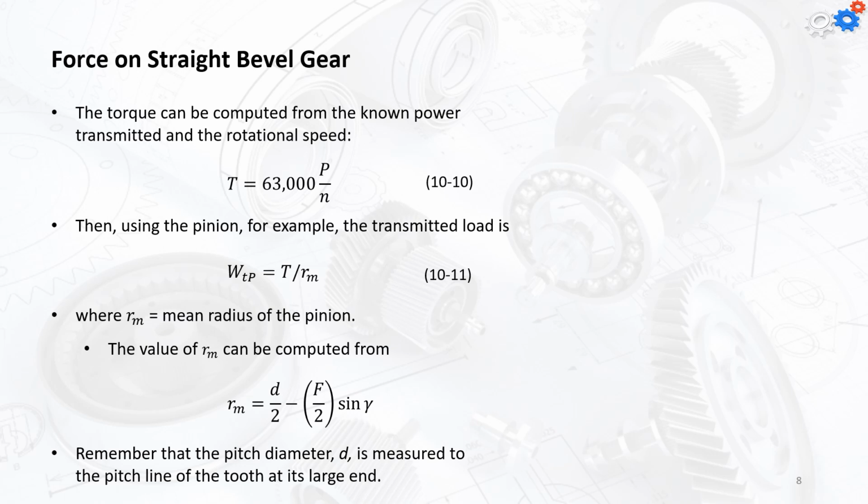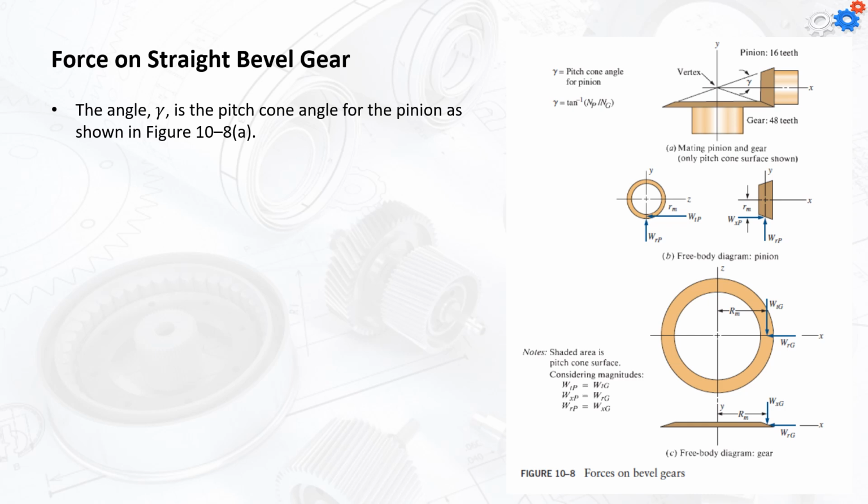Remember that the pitch diameter d is measured to the pitch line of the tooth at its large end, as we can find in figure A-22 presented earlier. Further, the angle gamma is the pitch cone angle for the pinion, as shown in figure A-10.